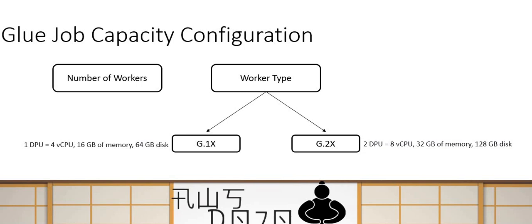So basically these are the two parameters you configure for the Glue job capacity, number of workers and worker type, and depending on this configuration, it decides how many vCPUs, how much memory and how much disk space will be allocated to your Glue job.